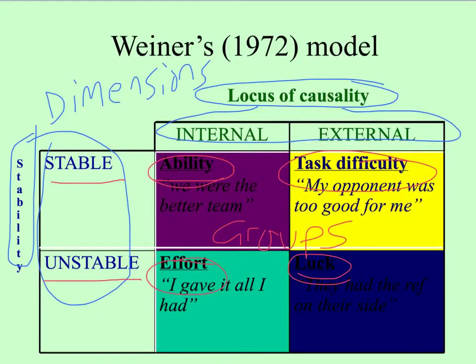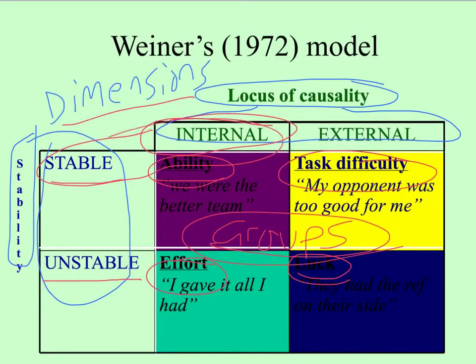So 2 main questions around Weiner's model. Around the dimensions, make sure you know the 2 dimensions and the 4 groups. It's always worth, in my opinion, backing it up with saying that things are internal and stable, for example, like ability.